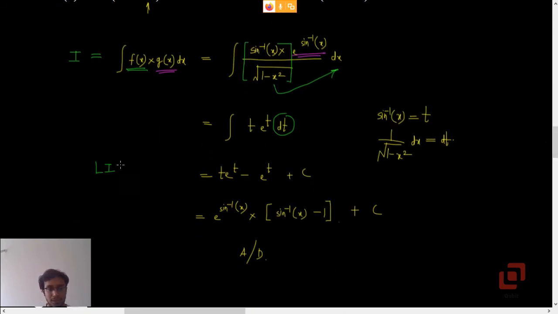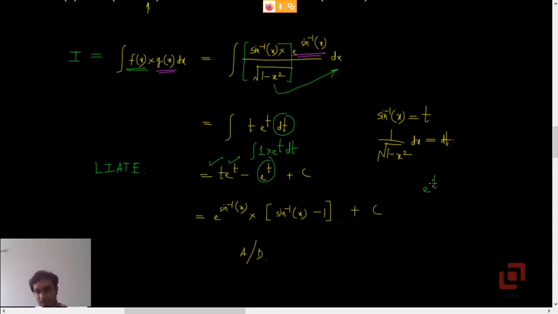Again LIATE, exponential function has the least priority, so keep the order as it is, t into e raised to t. First function as it is, integral of second minus integral of derivative of the first function, 1 into integral of second, so it will again be only e raised to t plus c. Can you take e raised to t common? Why not?